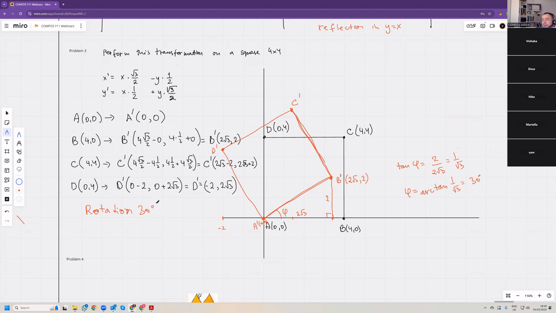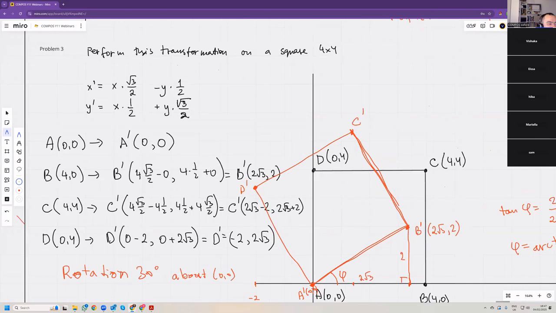I don't need to say counterclockwise because 30 degrees already implies counterclockwise. So about the origin. Now, interestingly, the way I've written it, you can actually rewrite this in this form.